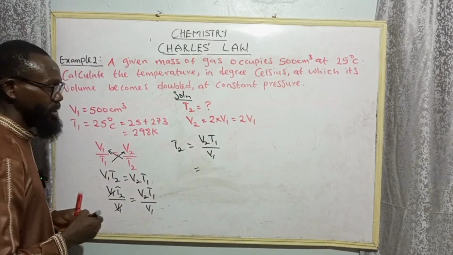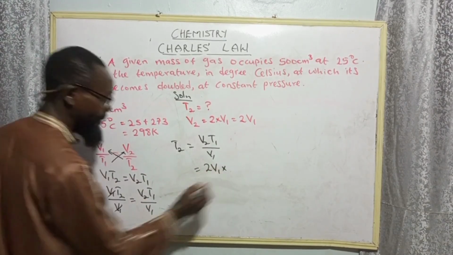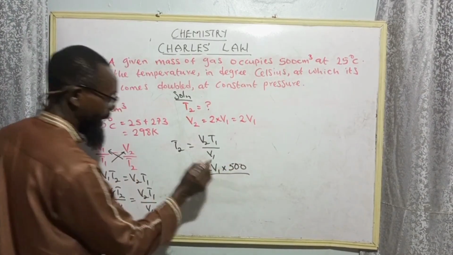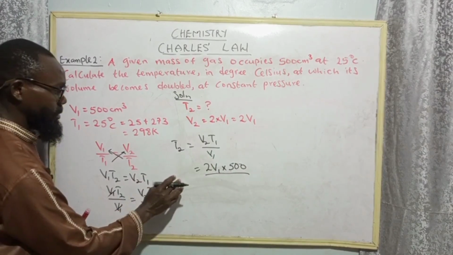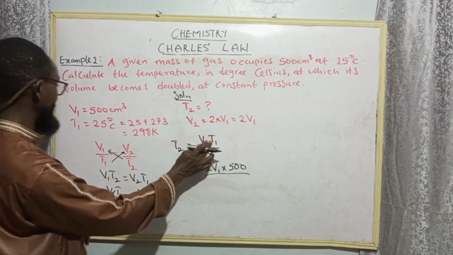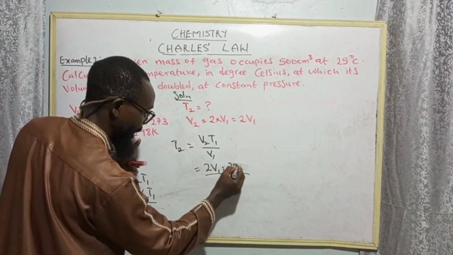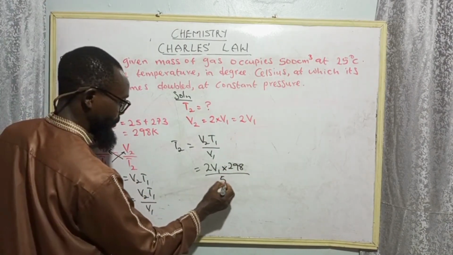Now my V2 is 2V1, multiplied by my T1, which is 298, divided by V1, which is 500.